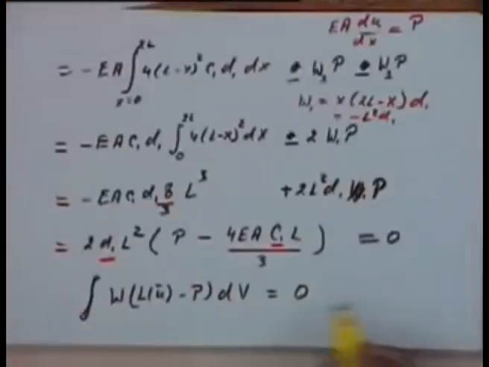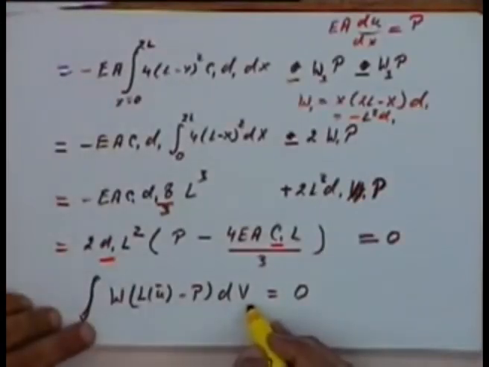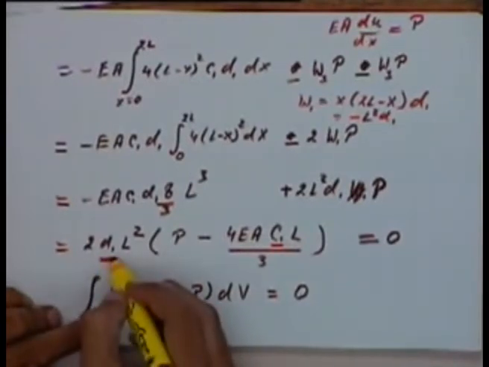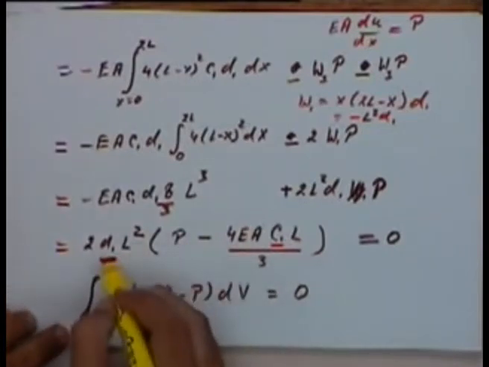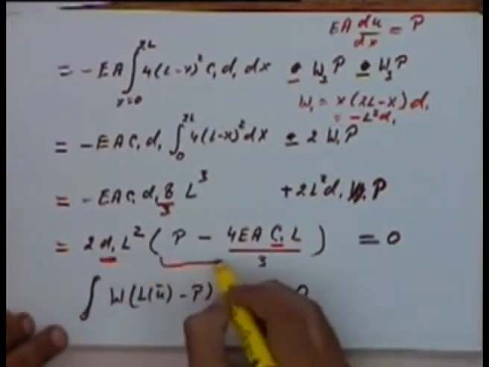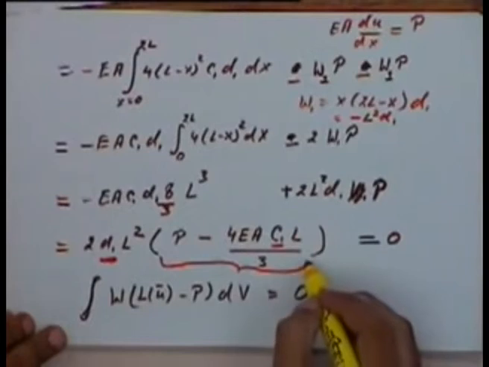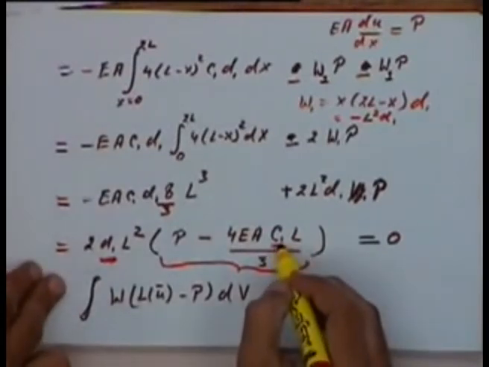Okay, and we want this to be true for all possible values of W. If this has to be true for all possible values of W, that means it has to be true for all values of D1. And if this has to be true for all values of D1, then this term has to be equal to 0. If this term is 0, we can get the value of C1.